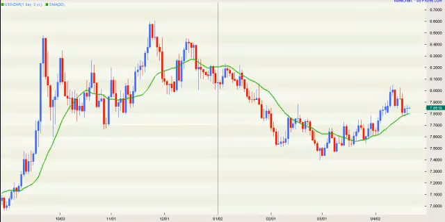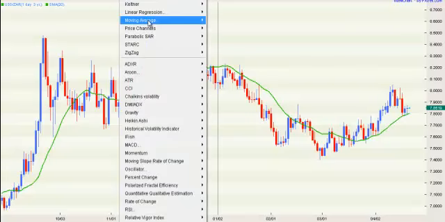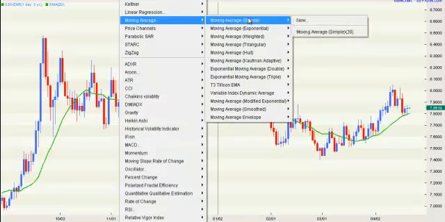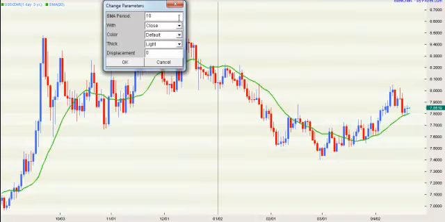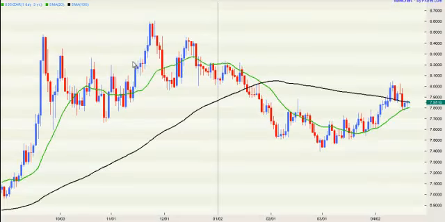Another thing to keep in mind is that you could use a longer term moving average. So let me add here a 100-day moving average. And you can see that if you're using a longer term moving average, you don't get as many trading signals, so you can avoid all these whipsaws when the price is moving sideways.